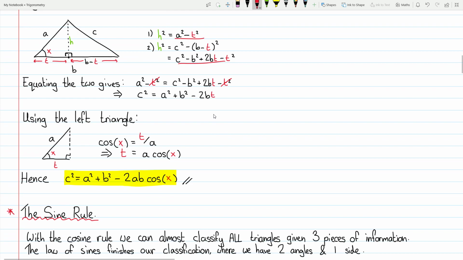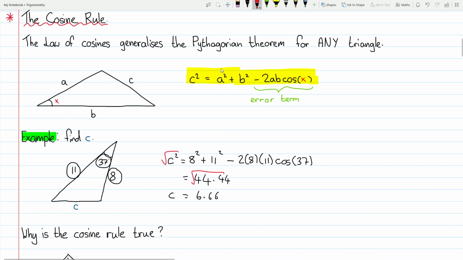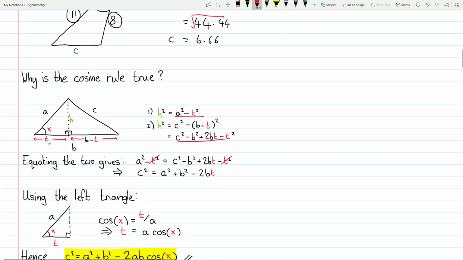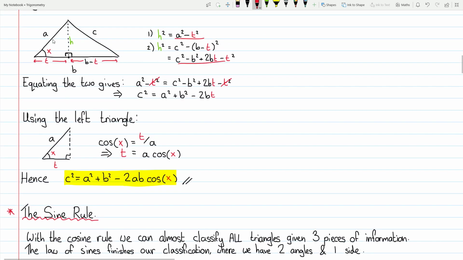And so what's left to do is figure out what t is, because we're trying to justify this cosine rule, which has the sides of the triangles and the angle, but we've written down this extra piece of information t, which we don't know yet. But we can solve for t, right? We can look at this left triangle, which is a right triangle, and we can use our rules of trigonometry, right?